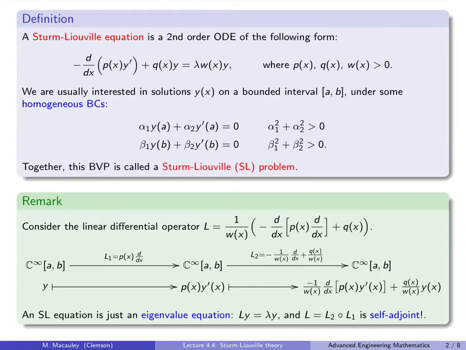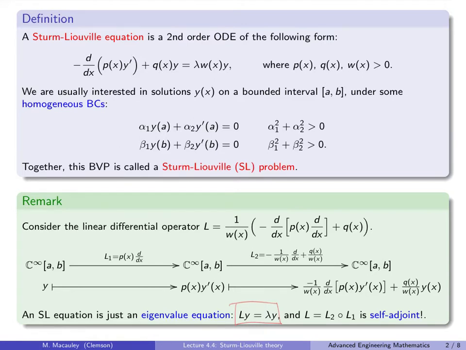Well, now this Sturm-Liouville equation is just an eigenvalue equation. In other words, Ly equals lambda y. And here's the amazing part of it. This operator L, which is the composition of L1 and L2, is self-adjoint. That's going to mean a lot of really nice things.